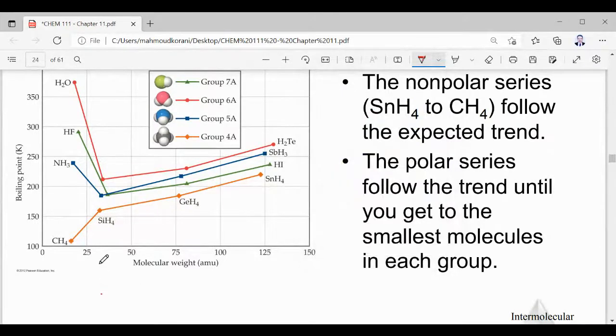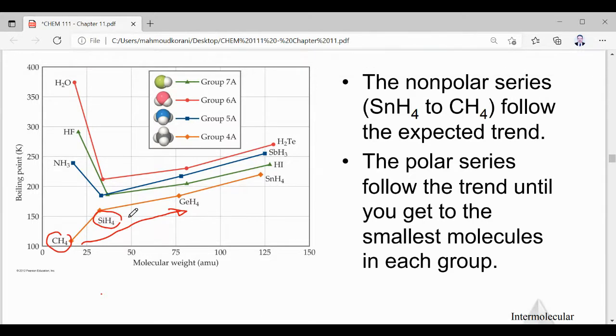Going from here to here, the molecular weight increases, and all these compounds are non-polar, so you can conclude that the only intermolecular force between the molecules is London dispersion force, which increases with increasing molecular weight. This trend is normal, without any anomalies.